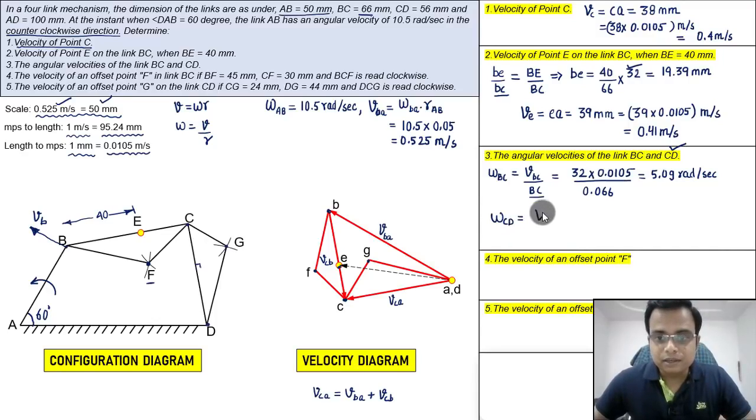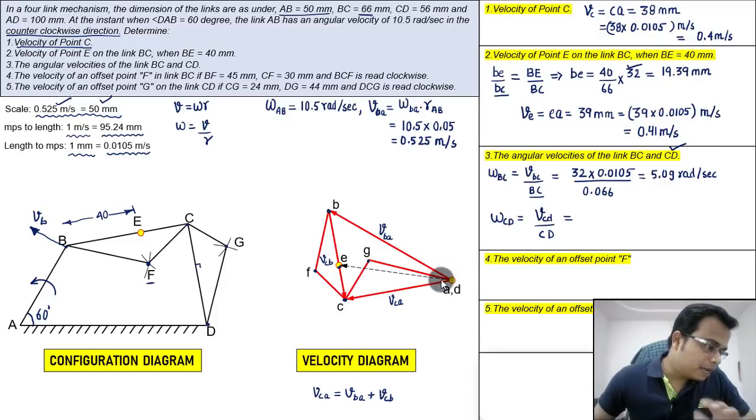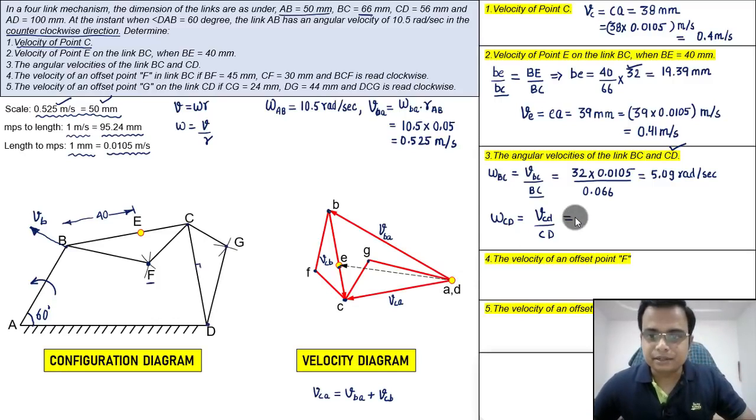In the same manner, we'll go ahead and find omega CD, and that will be V CD over CD itself, V upon R. So how much is CD? C to D, you need to measure this distance, and as far as my calculation goes, it will work out as somewhere around 38 millimeters. You just multiply that by the scale, 0.0105, you'll get this converted into meters per second, divided by CD.